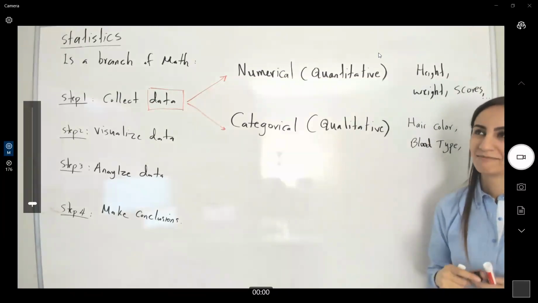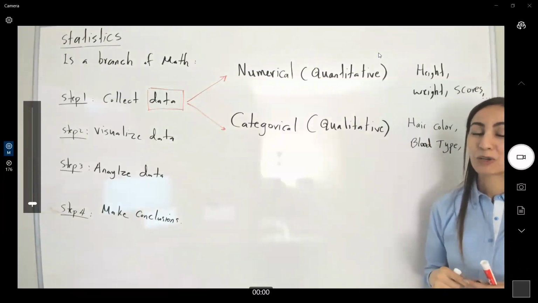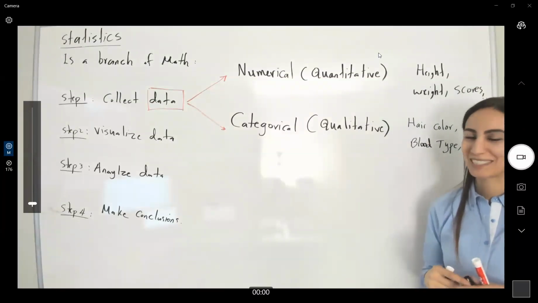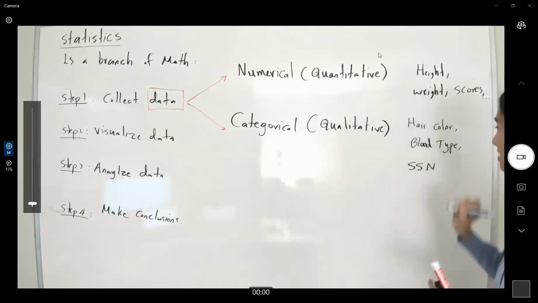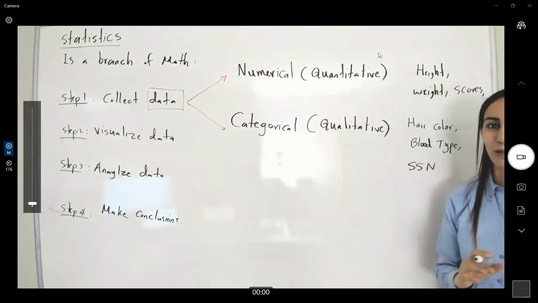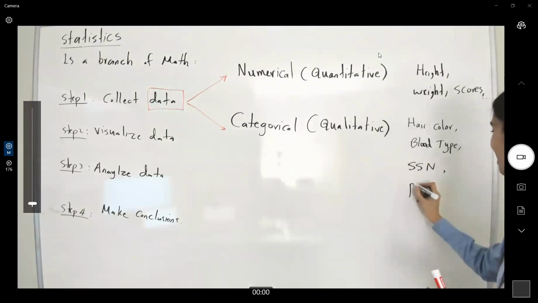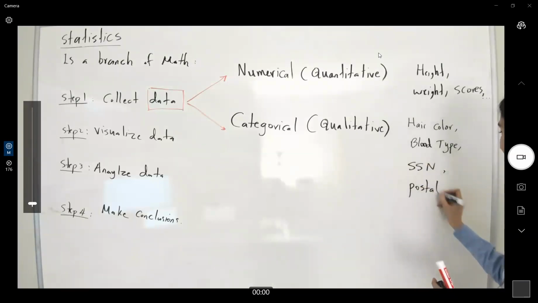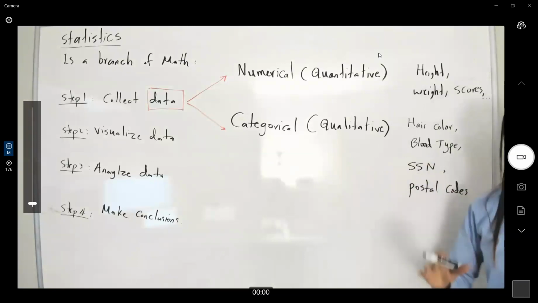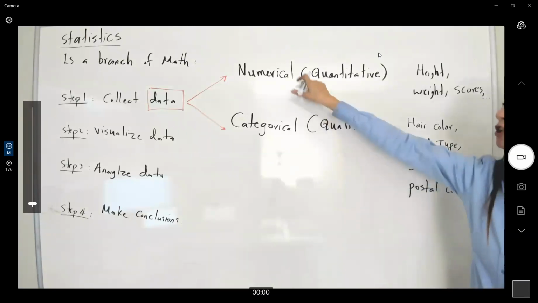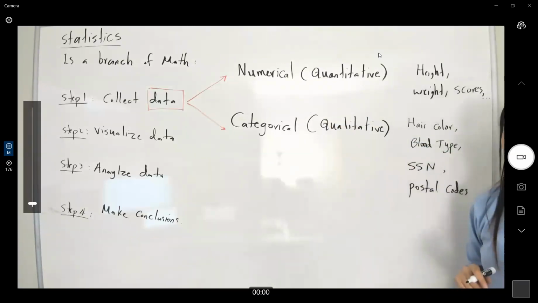Like what? Well, consider social security numbers, postal codes. Even though you see digits here, you see numbers here, they are not numerical data.